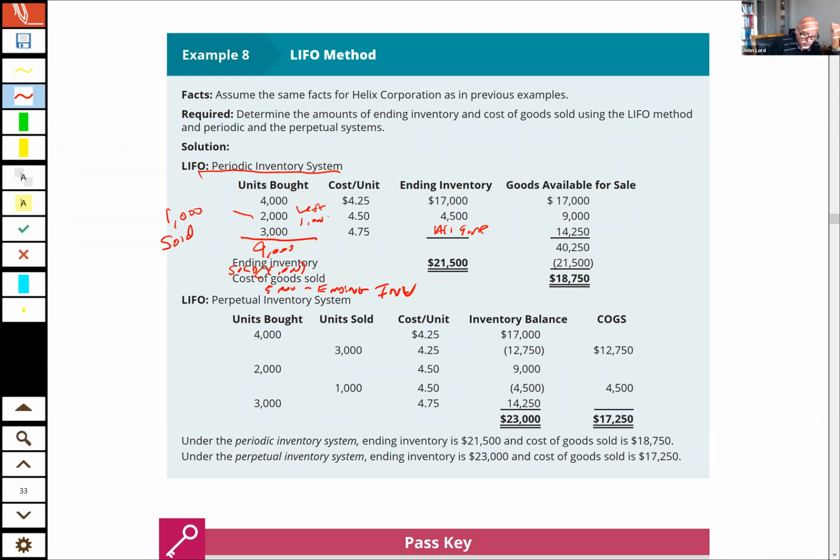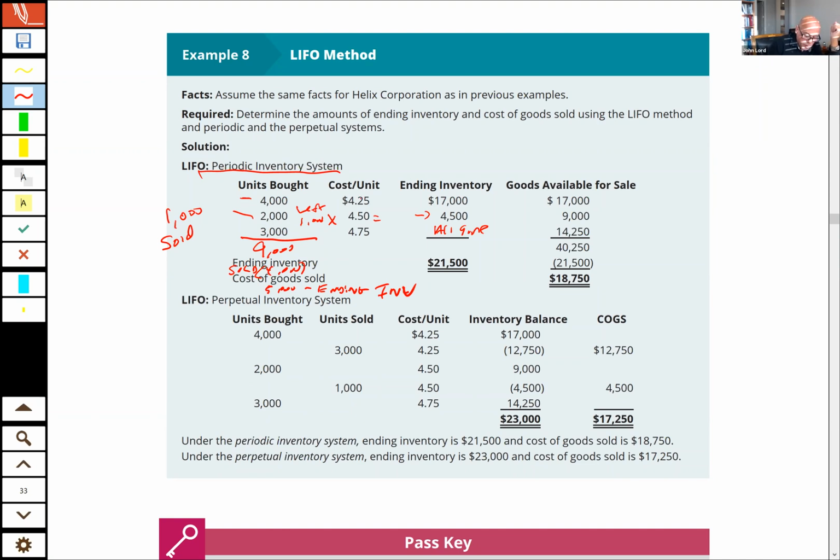There's 1,000 left times 450, which means that we have 4,500 left in ending inventory of that second batch, because there's only 1,000 of those left to make up 4,000 sold. We sold all 3,000 of the third batch. We sold 1,000 of the second batch. And so now we have 1,000 left of that second batch, and all 4,000 of that first batch are assumed to still be here under the LIFO method.